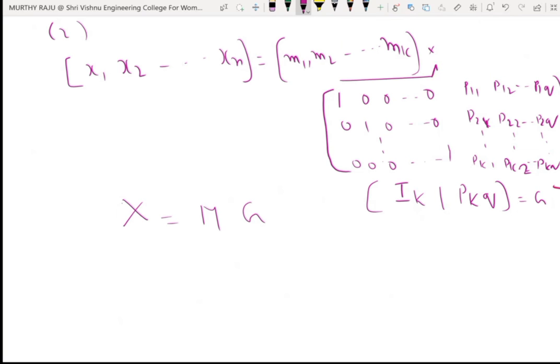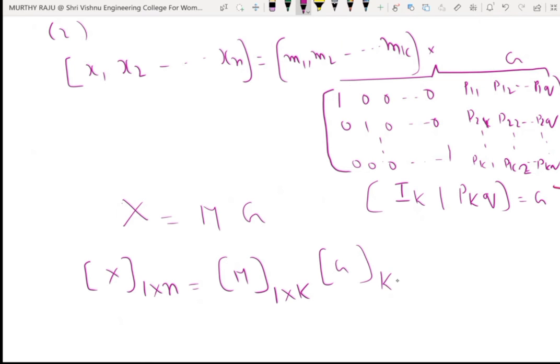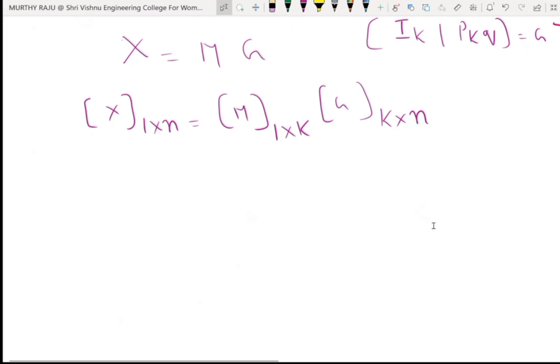The combination is called the generator matrix G. The order of the generator matrix is K cross N. Now X is 1 cross N, the message vector is 1 cross K, and the generator matrix is K cross N. These are the two important equations. First one is C is equal to MP, and the second one is X is equal to MG.